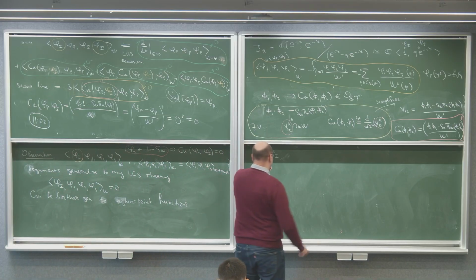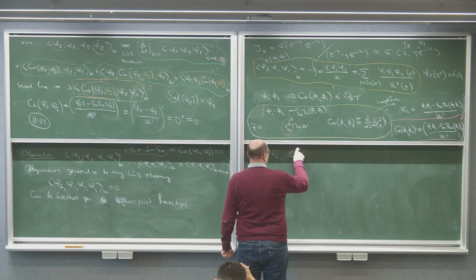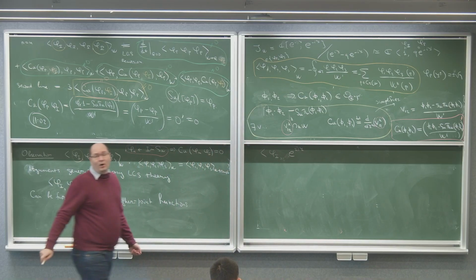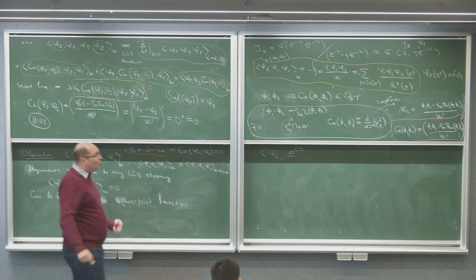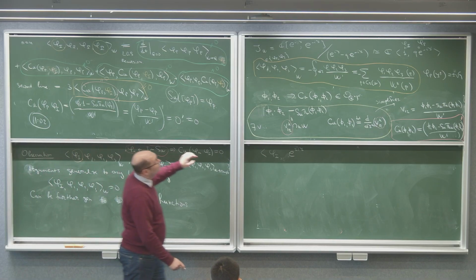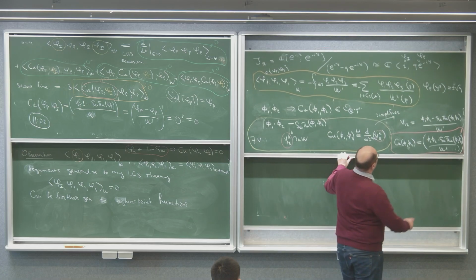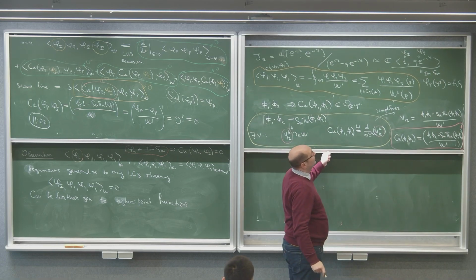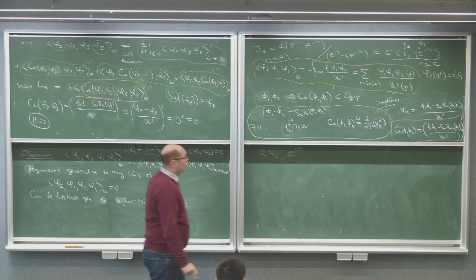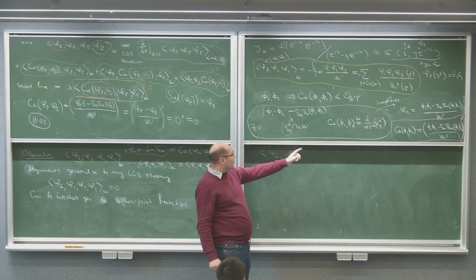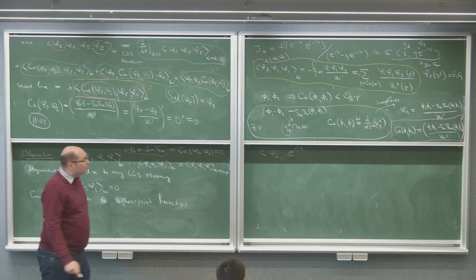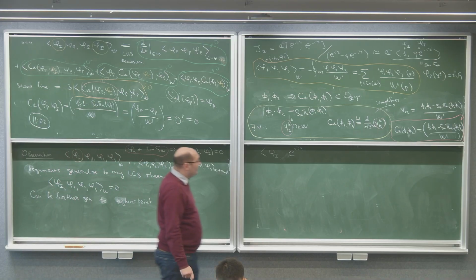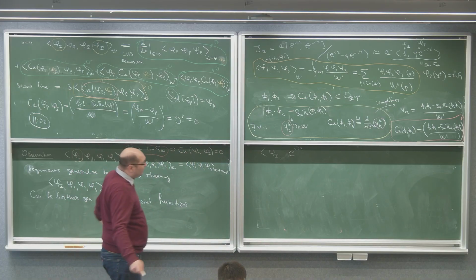So let me choose the function e to the 2iy. That is not an image of a good section, because we choose the image of a good section to be the linear span of phi I and phi p, and e to the 2iy is not in that linear span.